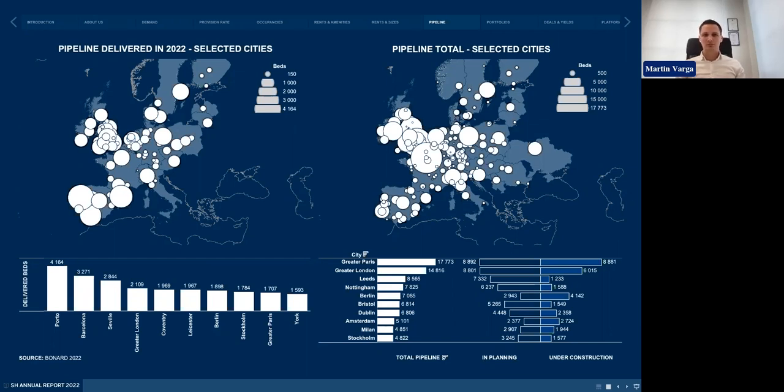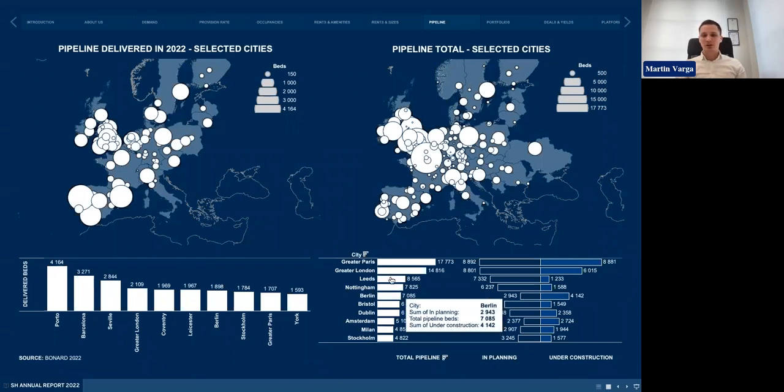In total, the PBSA market grew in a volume of more than 61,000 beds in 2022 in the 253 European cities and jurisdictions that we measured. And in terms of the assets that are still in the pipeline, which is now on the right side, you can see the data as of December 2022 that, based on 961 assets in the pipeline, more than 35% were already under construction.